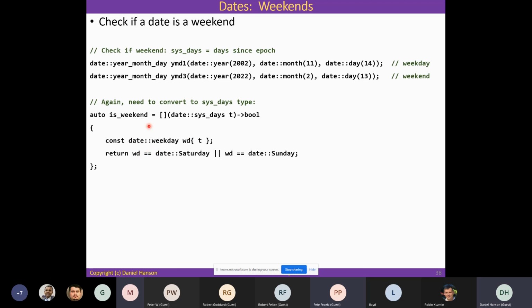What this means, it doesn't mean weekday as in Monday through Friday. What it means is, what day of the week is it? So this could be Sunday through Saturday. And so what you do is you construct this weekday object with the sysdays object that you convert to, and then with this day of the week object, you can check if it's a Saturday or a Sunday, then it's true, it is a weekend. If not, it's false.